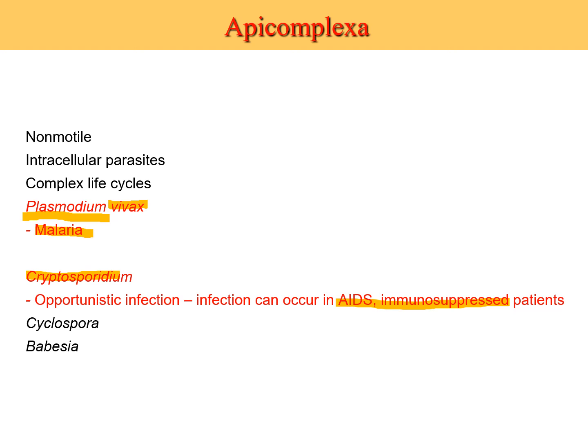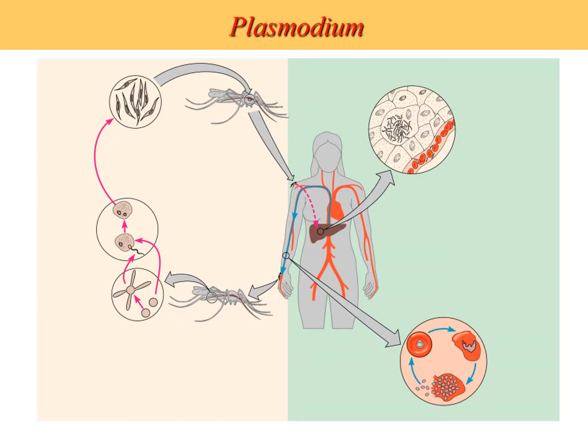Let's move on. Each of these protozoal, or protist, organisms has a unique and often complicated life cycle. This is the example of Plasmodium, which causes malaria. It has an insect vector, meaning it gets carried from person to person by an insect that has the organism in it.